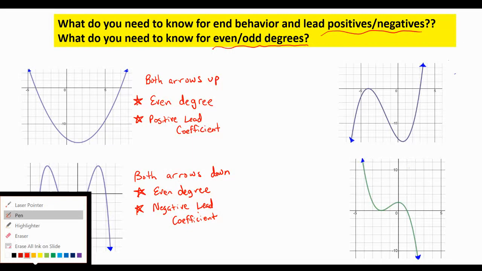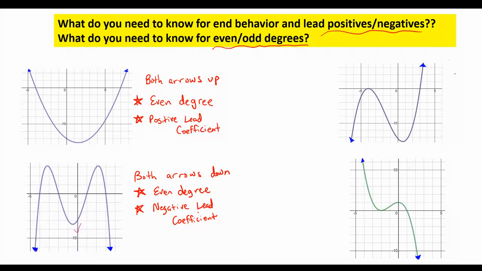Likewise, when you have one arrow up and one arrow down, then you have an odd degree. So your function could be something along the lines of x to the 3rd, x to the 5th, x to the 7th.